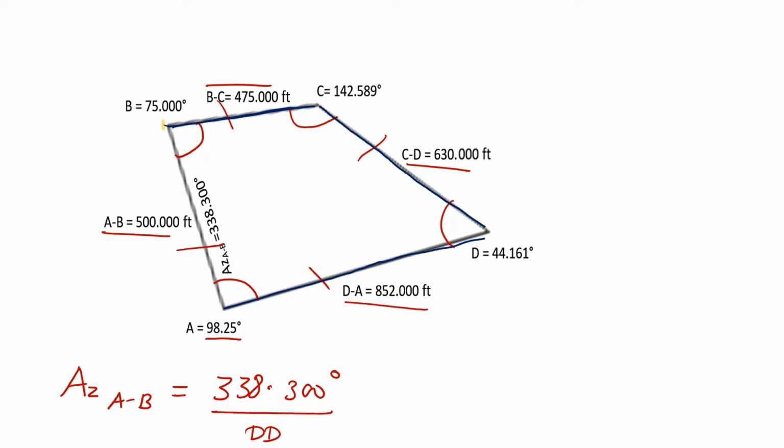So the azimuth of A to B is provided to you, and you go clockwise like this.